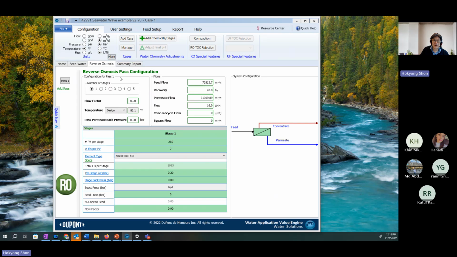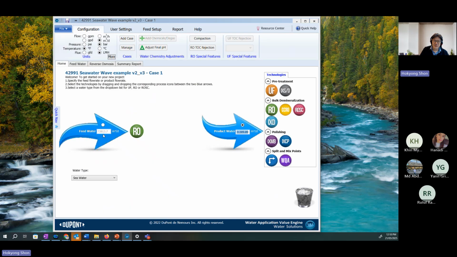So can you please start with the example file, or make just a simple one, because during our class we had a good example, like very simple, 300 cubic meter per day, and just a small amount of volume, and how many pressure vessels, how many elements, what's the flux of the element required.